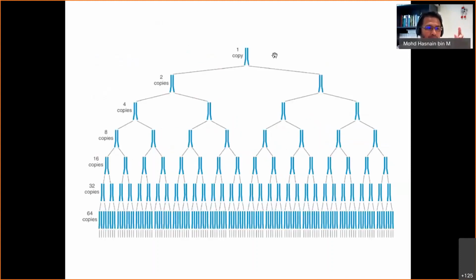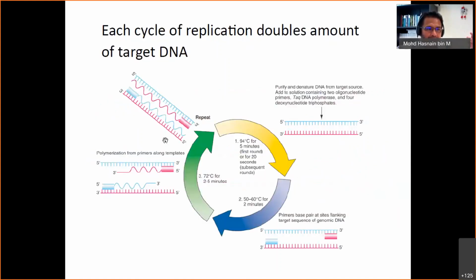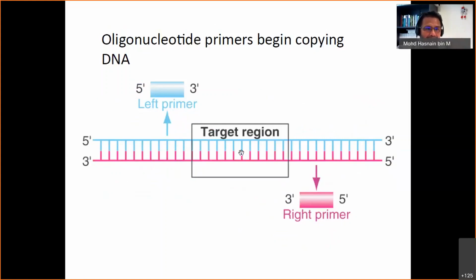Because you want to amplify the same thing so that you can visualize it using gel electrophoresis. Okay, so the function of the PCR is to multiply or make a copy of the same area many times, usually 1 million times by the end of 30 cycles. So that's the reason why we do PCR.